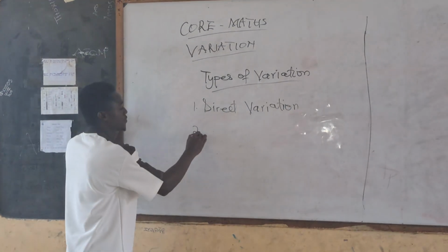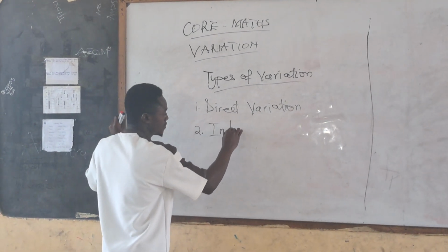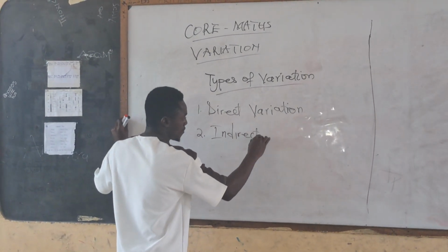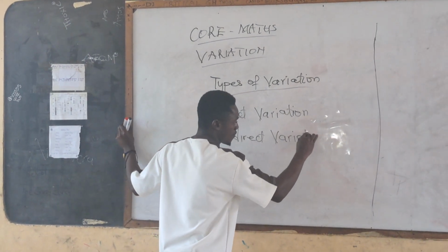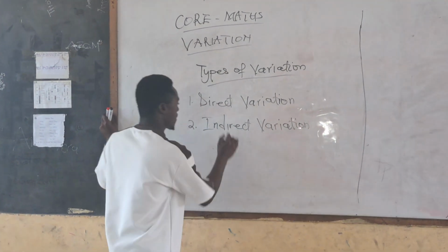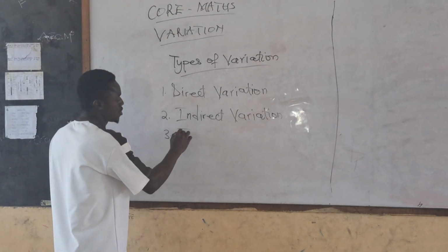Then two, we have the indirect. The third one is joint.